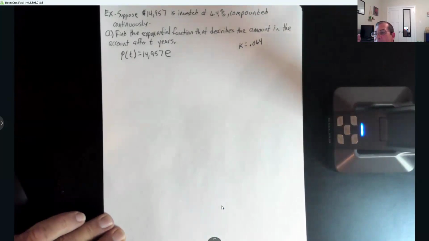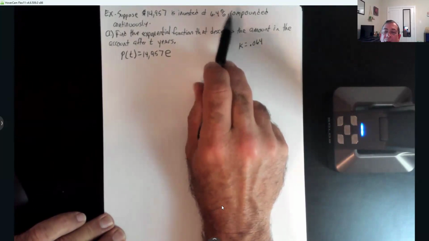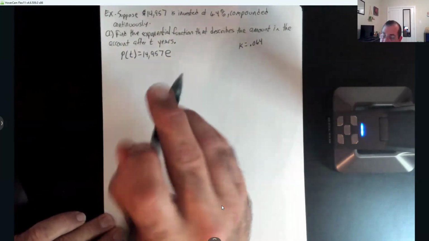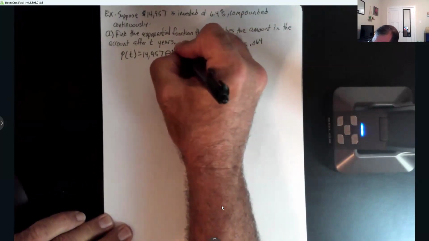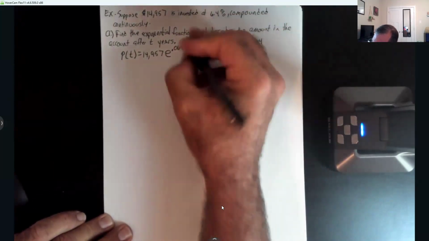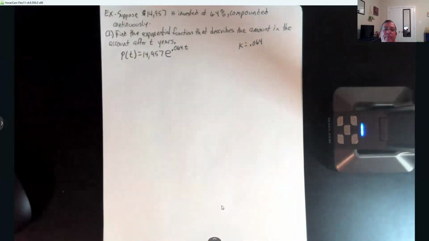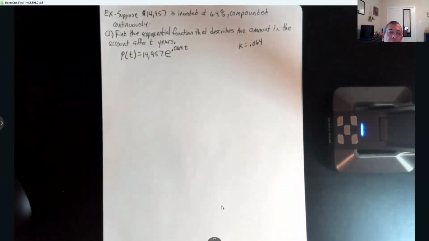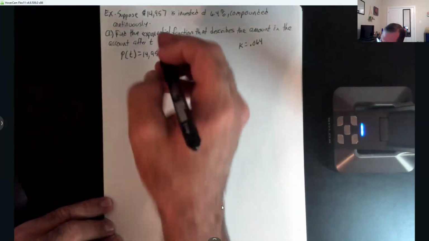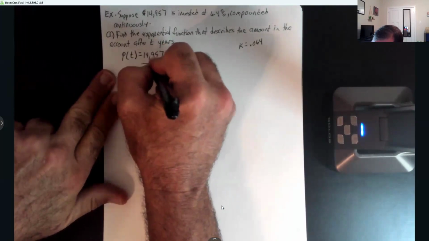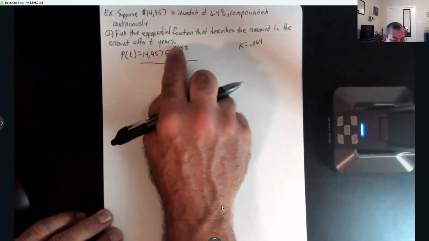That's probably the most tedious thing on this formula, having to convert back and forth from percents to decimals and vice versa. So I would put in my 0.064, and then that gets multiplied times t. And y'all guess what? This right here is what MyMathLab wants on part A. They want the basic formula.